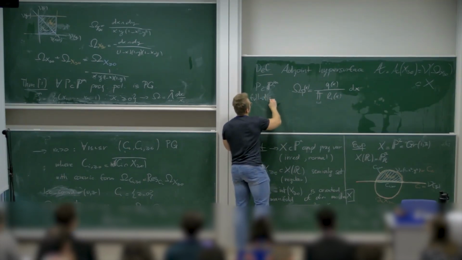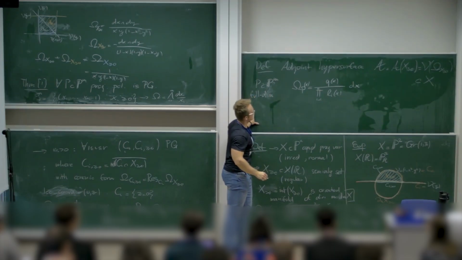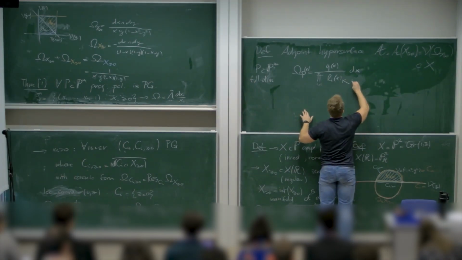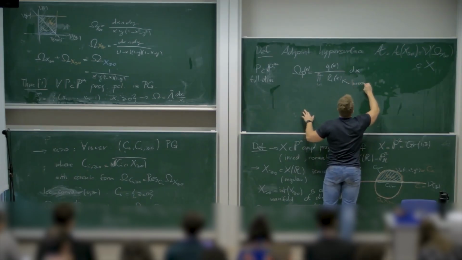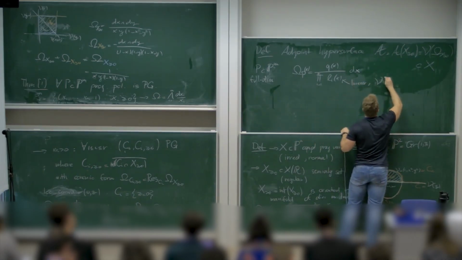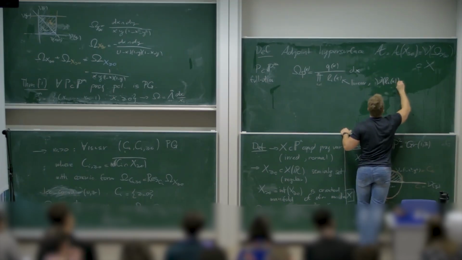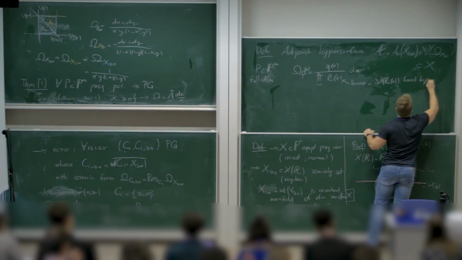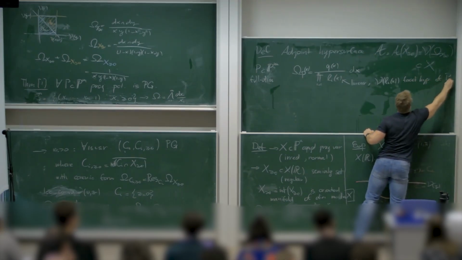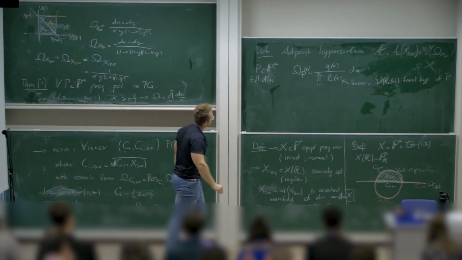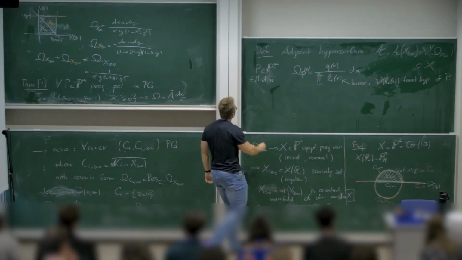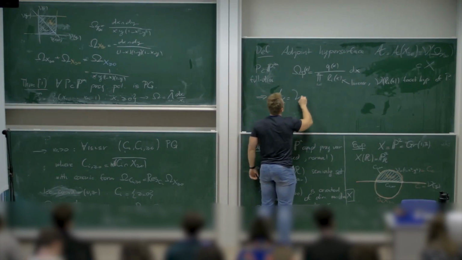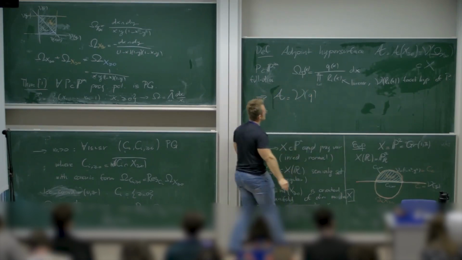So, what is the denominator? The product is over linear factors such that this is a facet hyperplane of P. And now, the adjoint hypersurface is really the vanishing of this polynomial in the numerator.